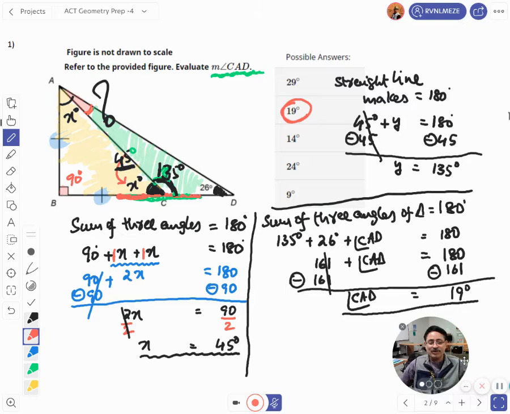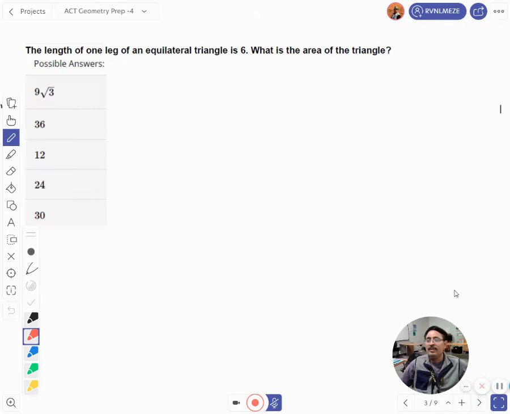Moving to the next question. The length of one leg of an equilateral triangle is 6. What is the area of the triangle? Always identify what is the important part of the question.